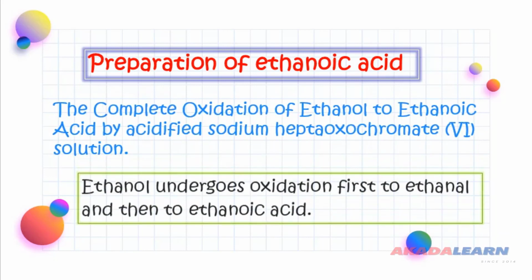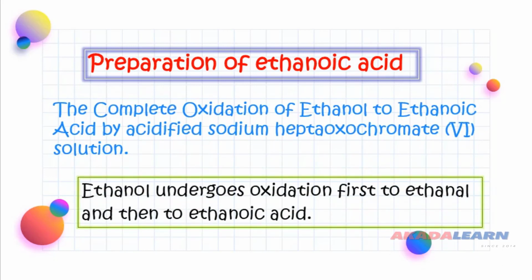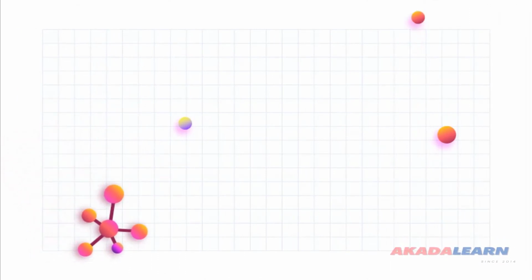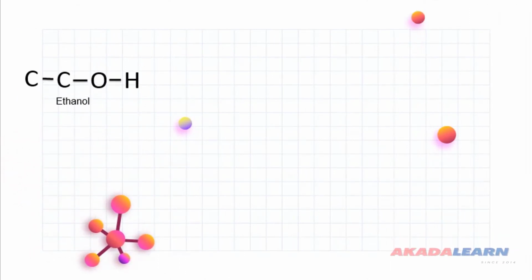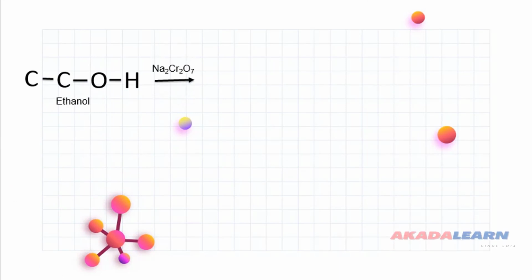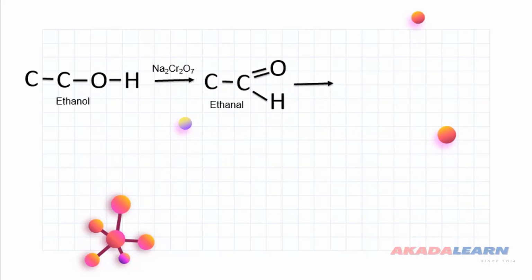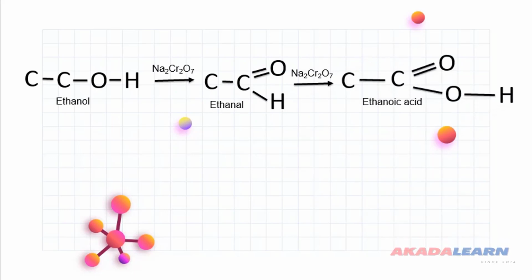Ethanol undergoes oxidation first to ethanal and then to ethanoic acid. This is the reaction. First this is ethanol. It's going to react with these reagents to give us ethanal, and then that will go on to give us ethanoic acid.